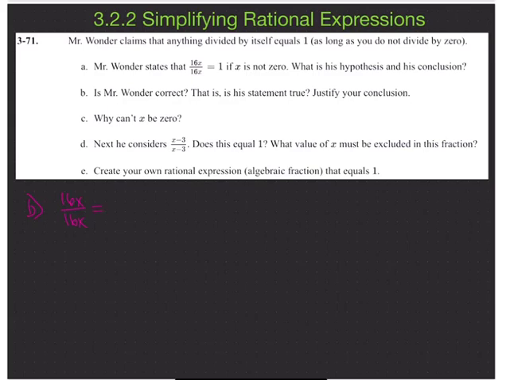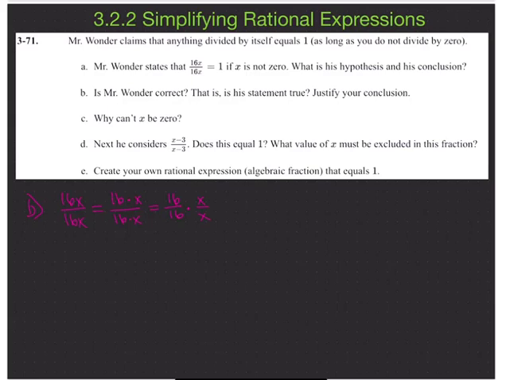Technically 16x is the same thing as 16 times x over 16 times x. And if I really wanted to, I could break it down even further and do 16 over 16 as one fraction times the fraction x over x.